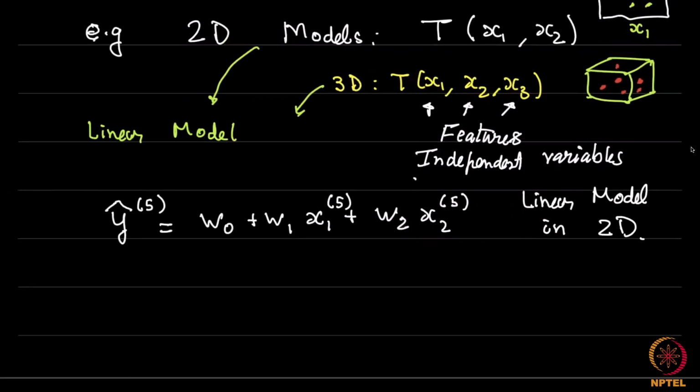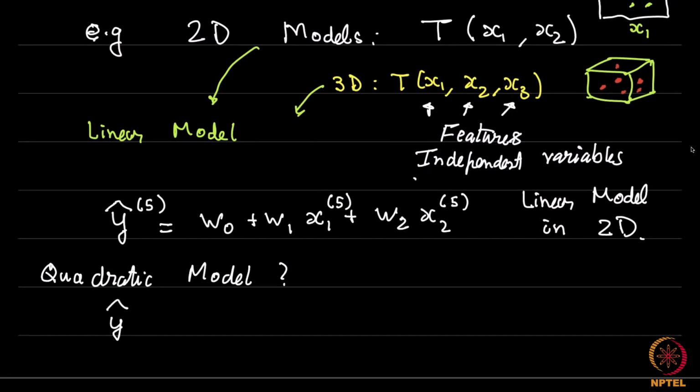Now, what happens to a quadratic model? Suppose we know that the temperature also has a heat source such that the entire thing is going to be quadratic.